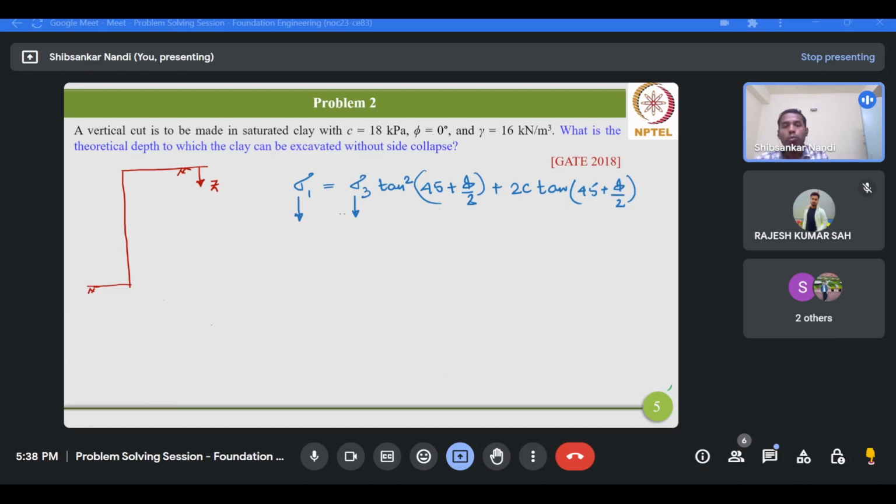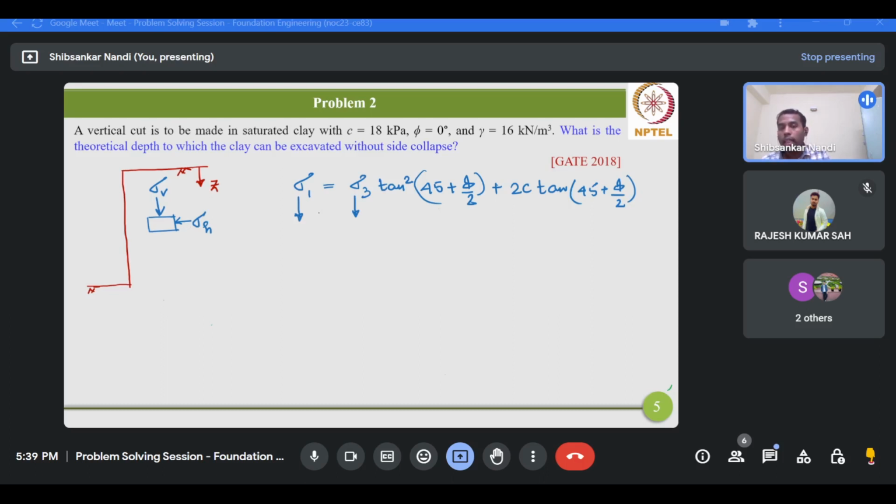since there are two principal stresses, one is major, another one is minor. Now for active condition, which stress? In a retaining wall problem, just now we have seen, two stresses are involved for a two-dimensional problem. The first one is sigma v, vertical stress, and the next one is horizontal stress, which is nothing but the lateral earth pressure.